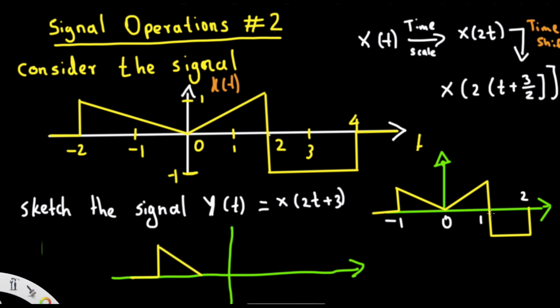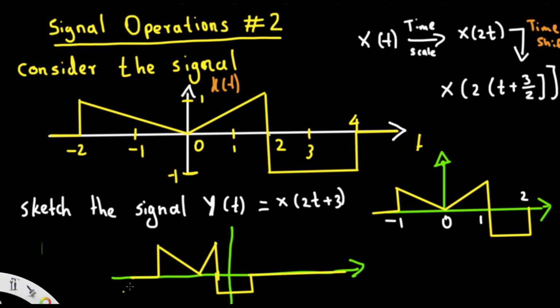And then here we have 1. 1 minus 1.5, we are going to have negative 0.5. So it goes up and drops at negative 0.5 here. And then this one goes down and then ends at 2. 2 minus 1.5 is 0.5. So it's going to go and end at 0.5, and it keeps on going like this.